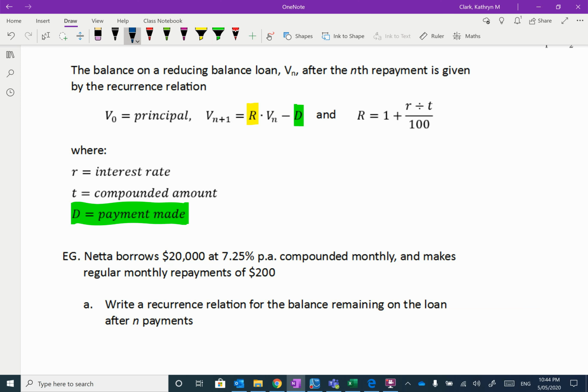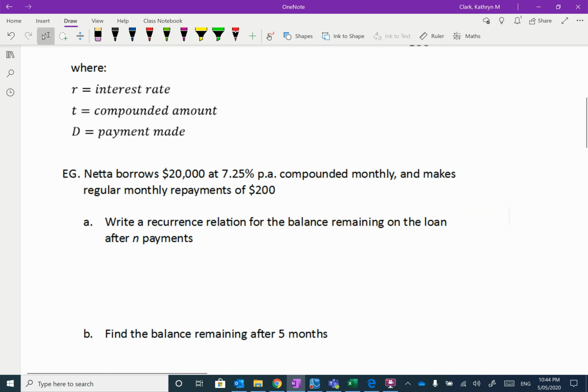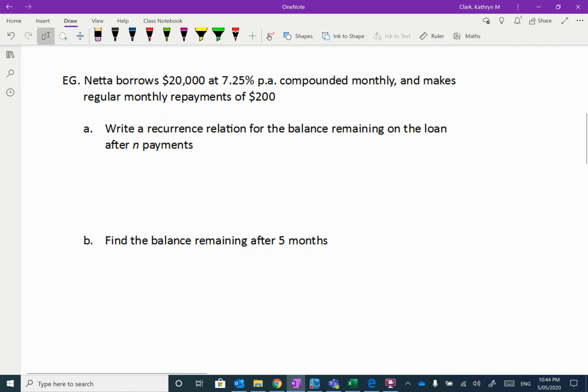The way that we're going to recognize reducing balance loans is we're looking for keywords in our questions. The first thing that I want to identify here is this whole regular monthly repayment. That is what we're looking for as the very first thing that is going to identify a chapter 9 question versus a chapter 8 question.